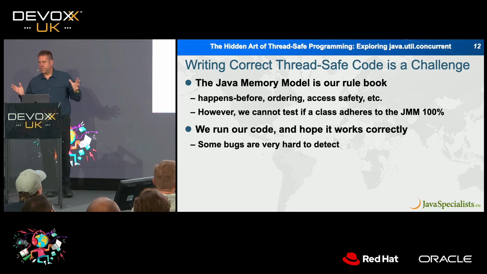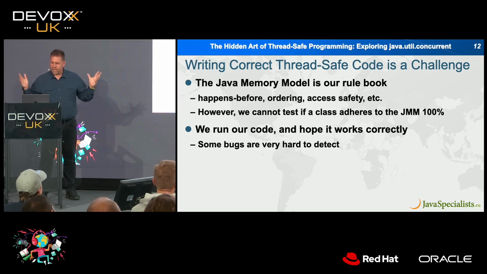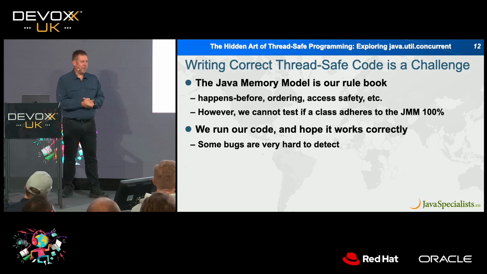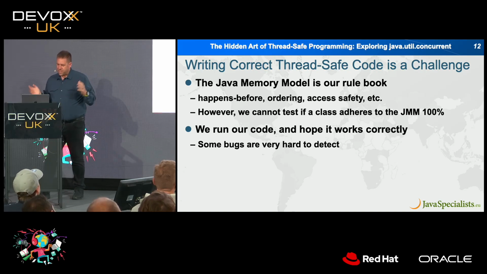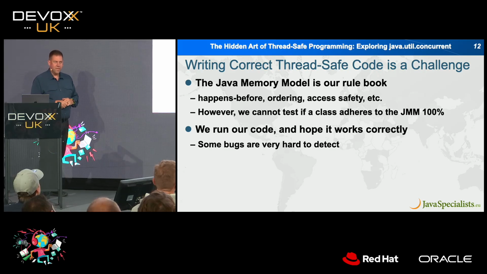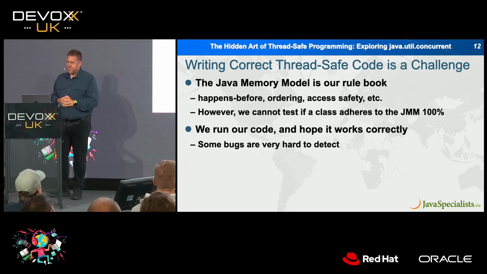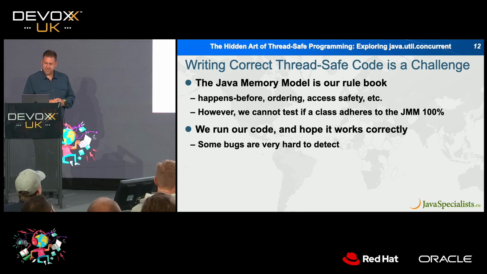There's a memory model which says, how do we work with shared objects? But there's no way to test whether our code adheres to the Java memory model 100%. There's no such thing, unfortunately. We just have to run the code, hopefully on lots of different hardware, and check whether it works correctly. And some bugs are very, very hard to detect.